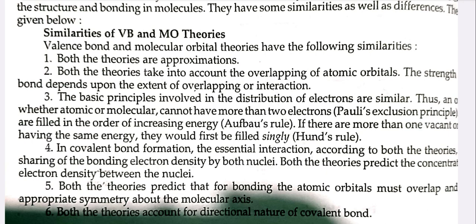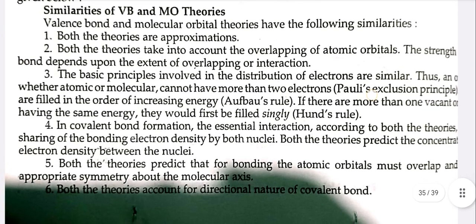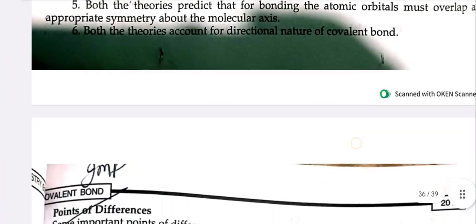Both theories predict the concentration of electron density between the nuclei. Both theories predict that for bonding, the atomic orbitals must overlap and have appropriate symmetry about the molecular axis. Both theories account for the directional nature of the covalent bond.